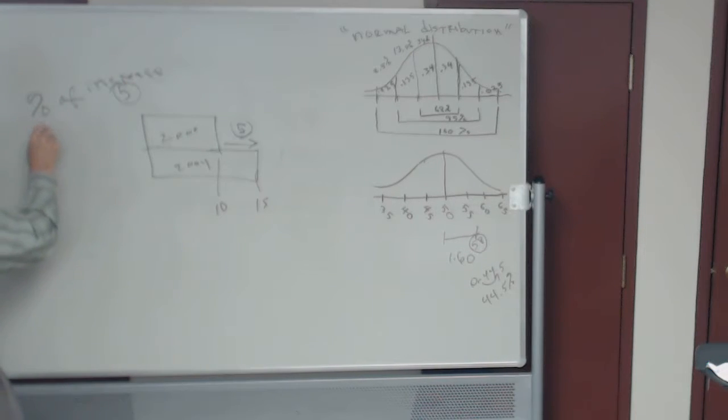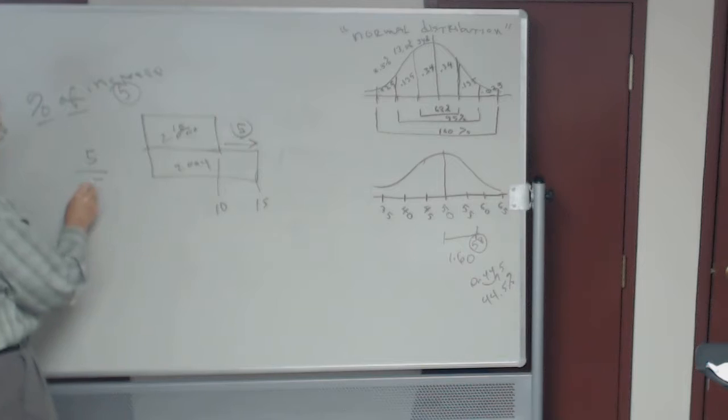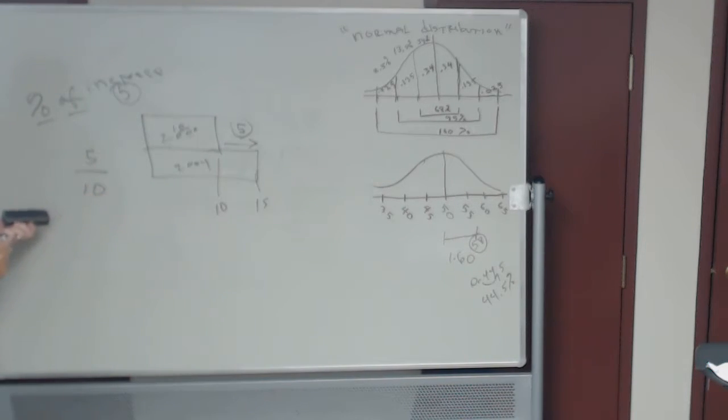The percent of increase would be 5 over whatever this number was, 10, because that's where we started with the 2000, and we had 10, and we increased 5. Do you follow that? So how much of an increase was there? 50%.